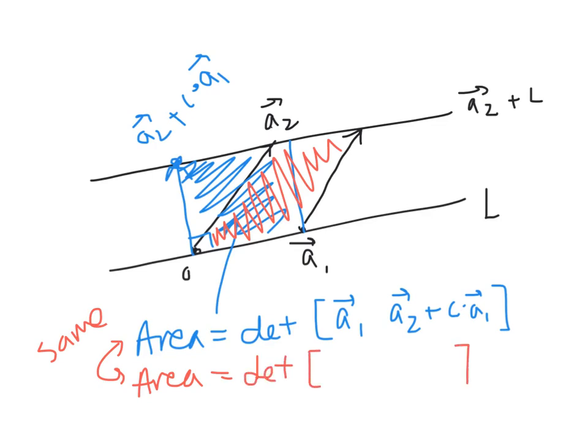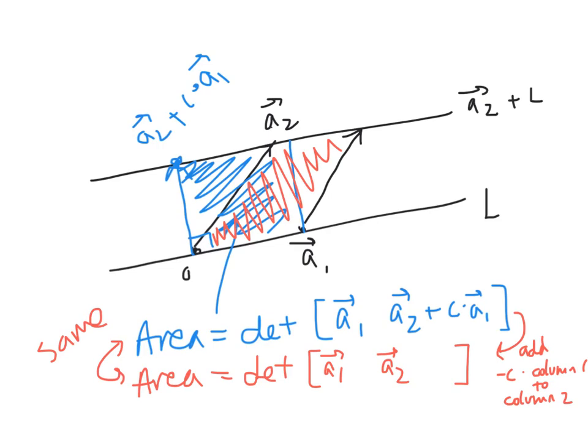But what do we know about determinants? Well, I can add a scalar multiple of one row or column to another row or column and keep the same determinant. So what I will do is add -c times column 1 to column 2.